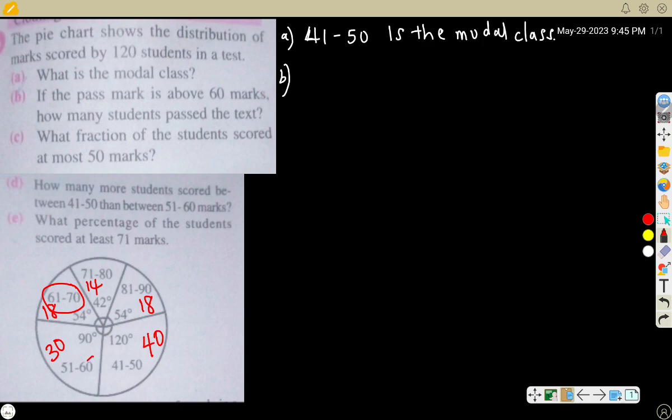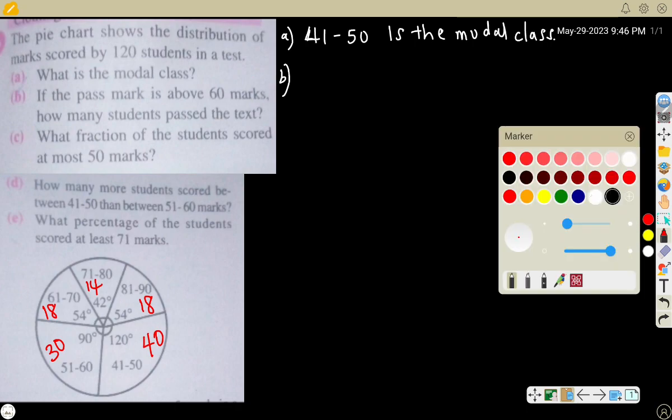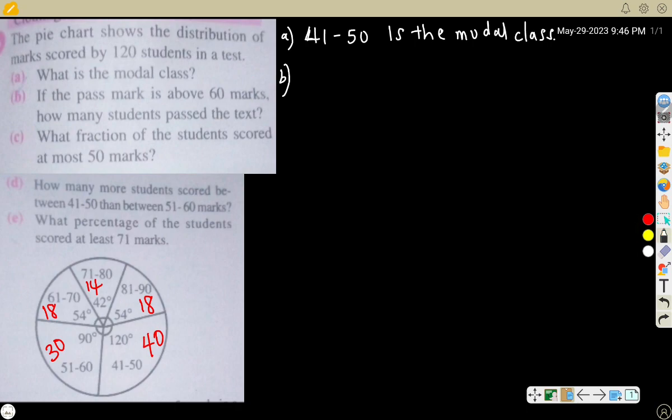So we ignore this one; 51 to 60 is out, and 41 to 50 is out. To pass, you must score above 60. So from here, we have 61 to 70, 71 to 80, 81 to 90. So add the number of students there together.